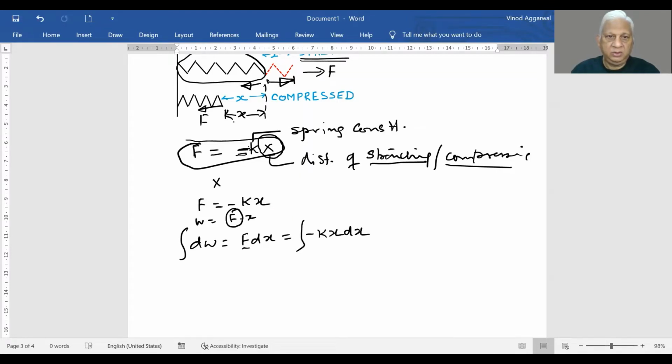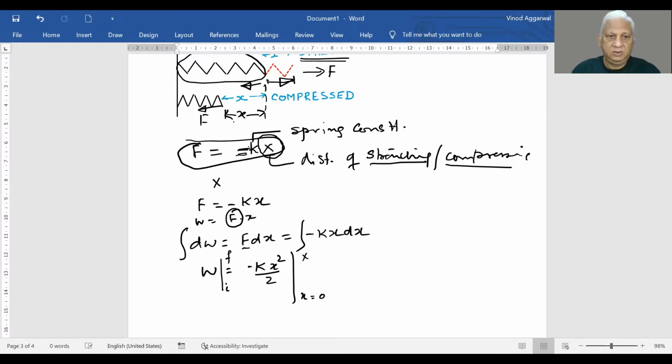Now we can integrate both sides, and what we get is W is equal to the integral of minus kx dx. So W from initial stage to final stage can be given by x going from 0 to x.